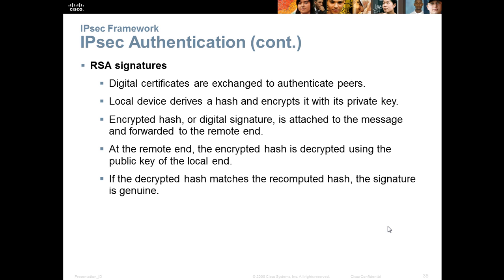The local device derives a hash and encrypts it with its private key. The encrypted hash, or digital signature, is attached to the message and forwarded to the remote end. At the remote end, the encrypted hash is decrypted using the public key of the local end. If the decrypted hash matches the recomputed hash, the signature is genuine.